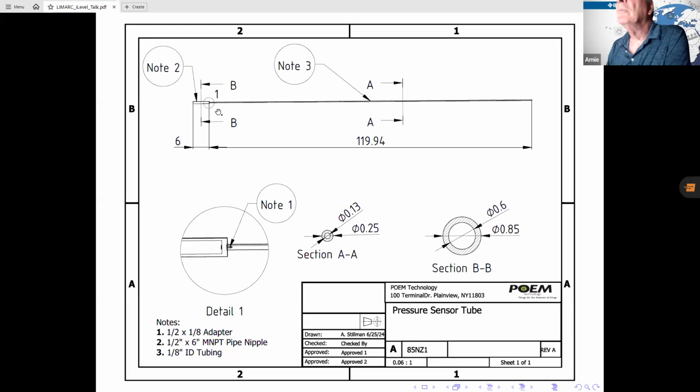This pipe nipple provides the large area, compared to the area of the internal diameter of the pressure sensing tube. So now, when we drop it into the tank, large changes in the fluid level of the tank cause fairly large changes in the volume, but tiny changes in the height.